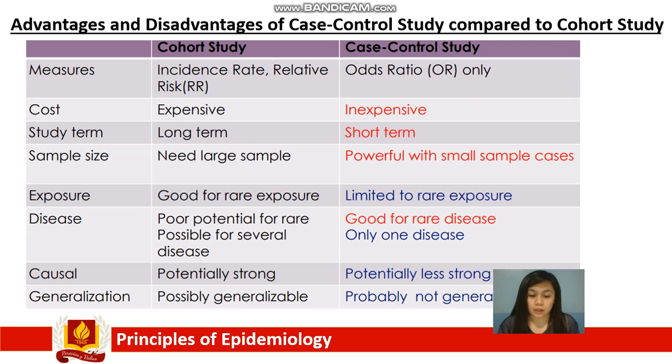Case control studies are more powerful with small sample cases, and they are limited to rare exposure, and case control study is good for rare disease or only one disease. They are also potentially less strong and probably not generalizable.